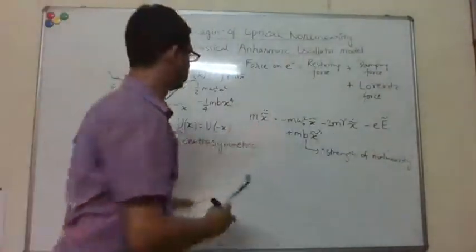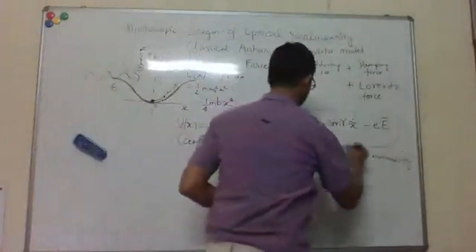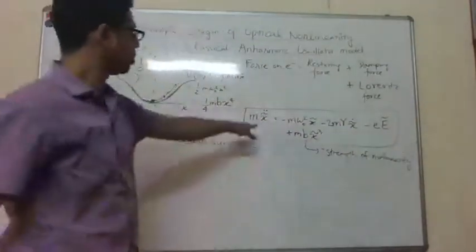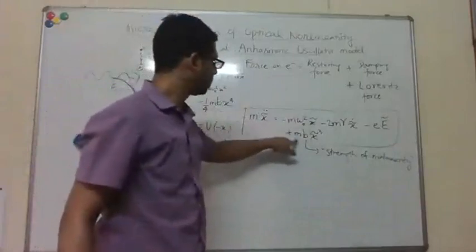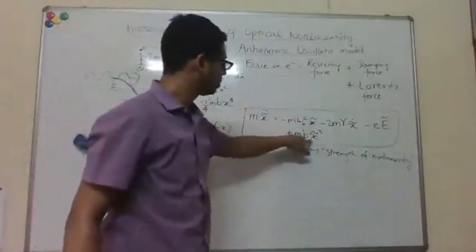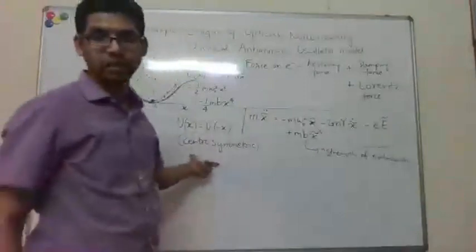Right, so then this becomes our equation for the anharmonic oscillator, right? If we include the first higher order term for a centrosymmetric material.